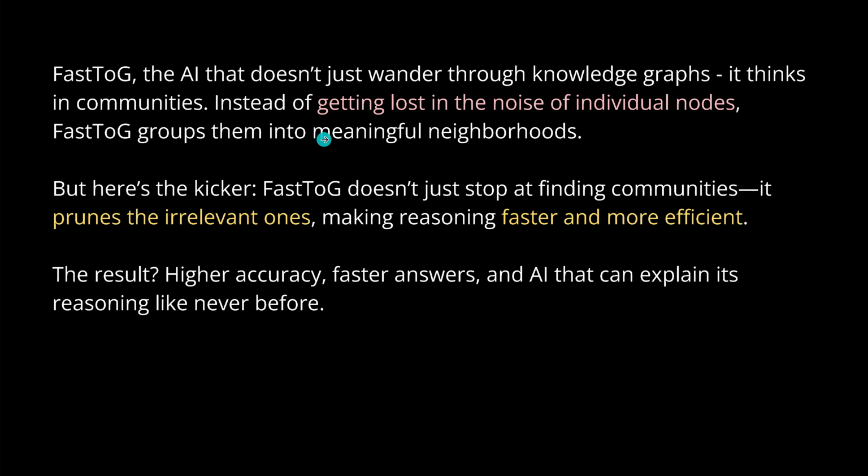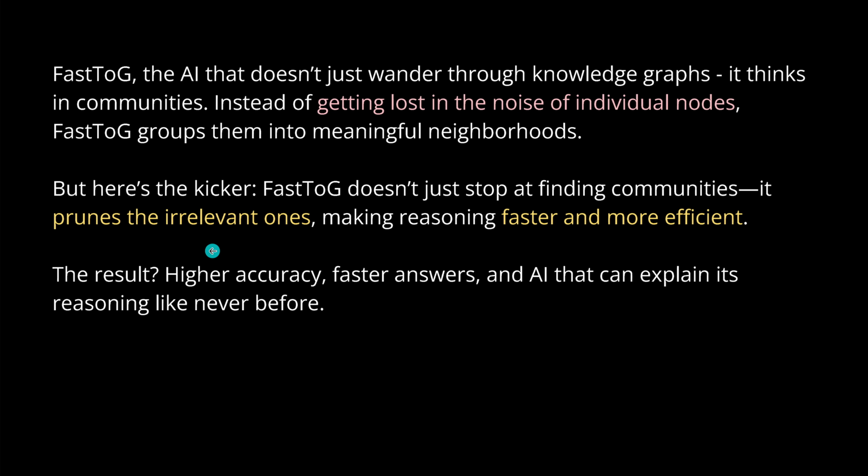So forget about getting lost in the noise of individual node-to-node steps. We now build neighborhoods on our knowledge graph, semantic neighborhoods that are maybe query related. And there's a kicker, because it doesn't just stop at building the semantic communities on our knowledge graph manifold, it also prunes out the irrelevant ones, making it even faster and more efficient for our reasoning process.